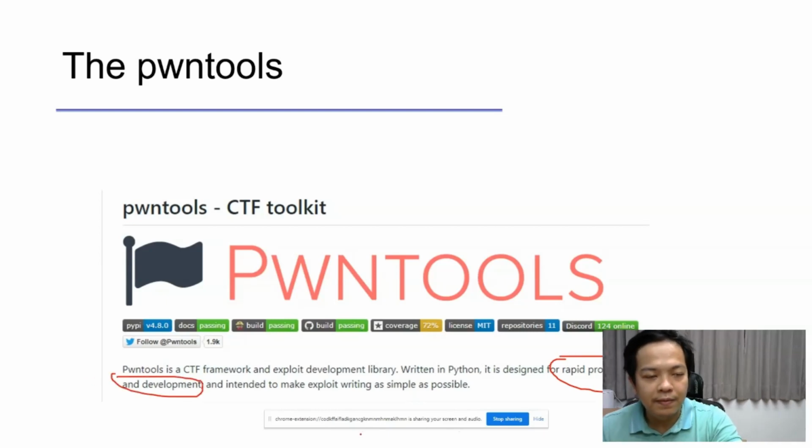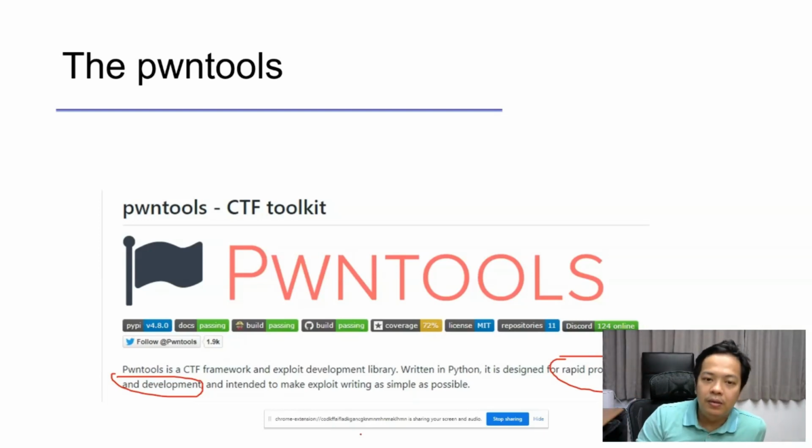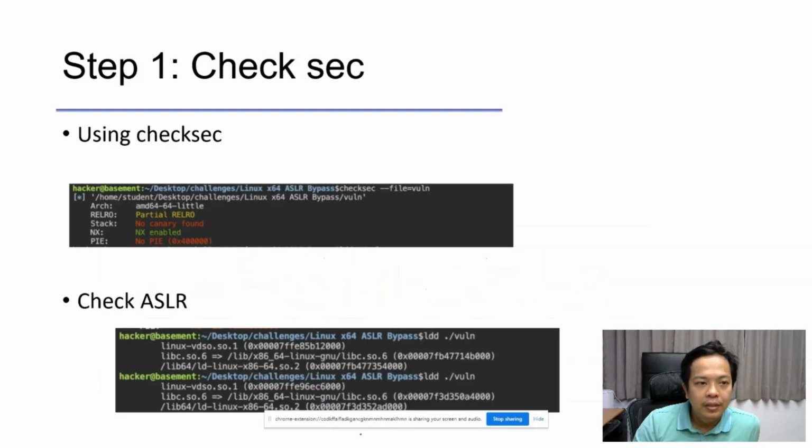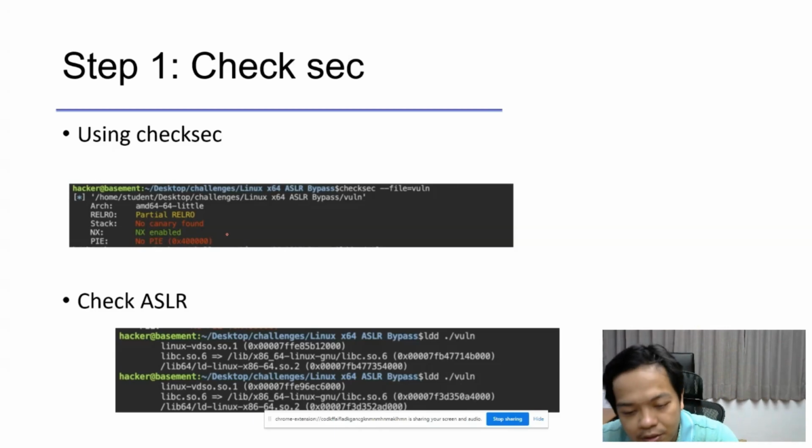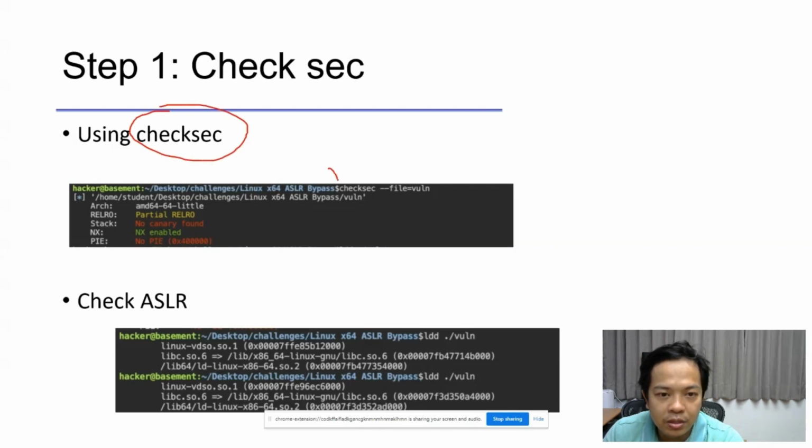So this is only a very simple way to show you how the buffer overflow happens and how the hacker can exploit it. First, you can install the Linux system, and in the Linux system you can use this kind of function, checksec. You type it in the terminal, and you can check this option.